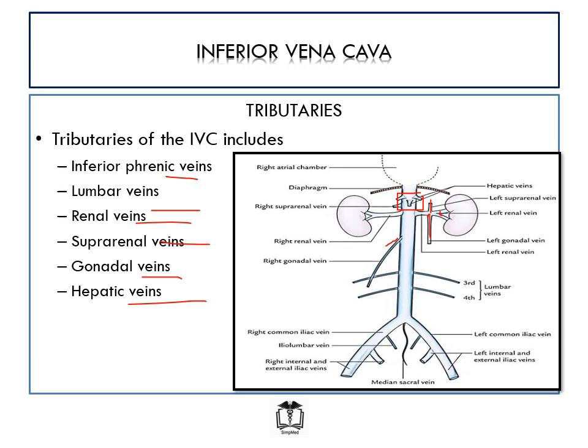So do note that of all those arteries we mentioned as branches of the aorta, the only ones that don't have their venous counterparts draining into the IVC are the celiac trunk, the superior mesenteric artery, and the inferior mesenteric artery. The venous counterpart of the celiac trunk is the splenic vein.